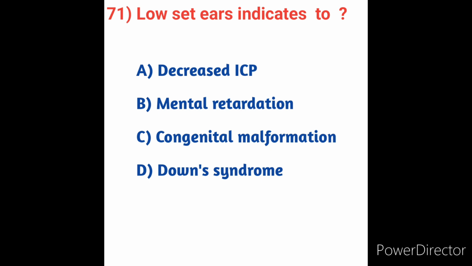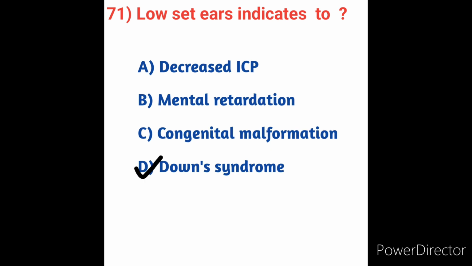Low set ears are associated with conditions such as Down syndrome and Turner syndrome. So here low set ears indicate Down syndrome.